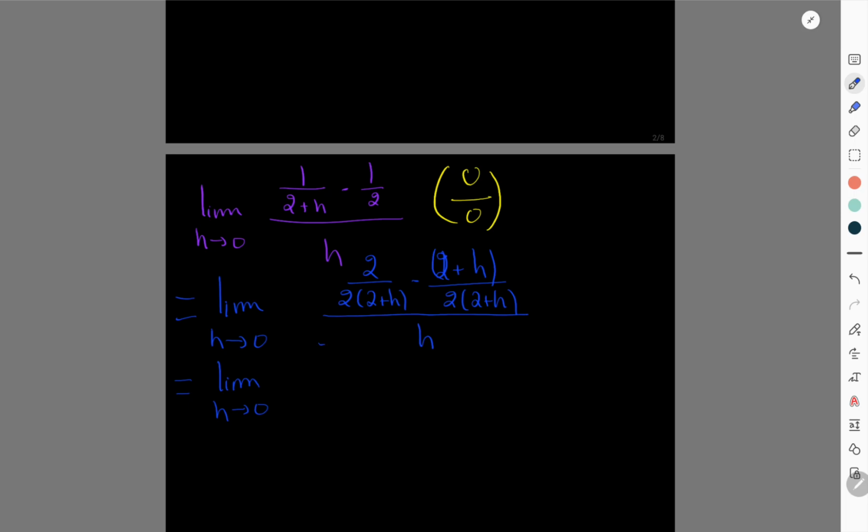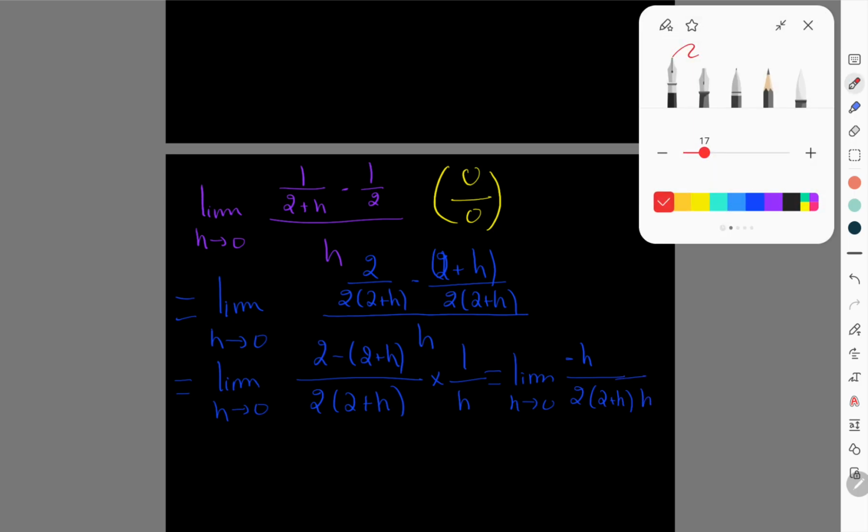Now I'm noticing that dividing by h is multiplying by 1 over h. And then notice that 2 minus 2 plus h would be equal to minus h, so we have minus h over 2 times 2 plus h, times 1 over h.